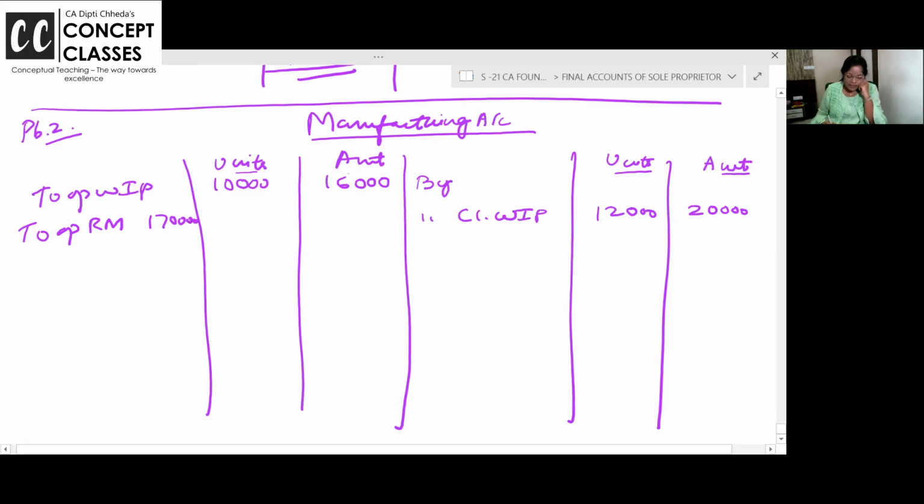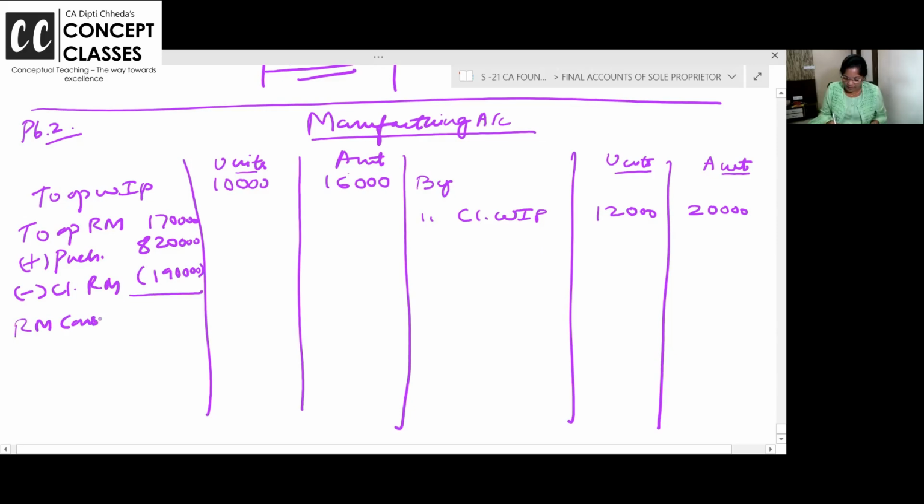Closing raw material. Before that, let us take up purchases. Purchase of raw material. Yes. Carriage inward freight, nothing is there direct. Minus closing stock of raw material. 1,90,000.